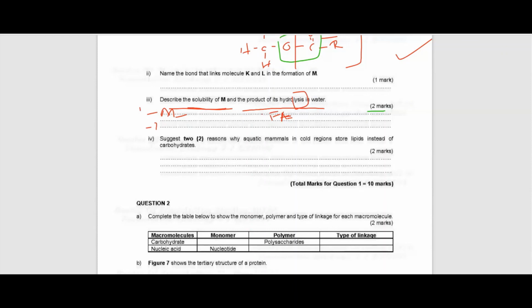So the question says suggest two reasons why aquatic mammals in cold regions store lipid instead of carbohydrate. One of the functions of the lipid is that lipid is less dense in water compared to carbohydrate, which is denser in water.